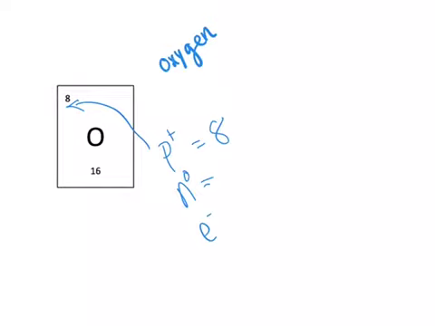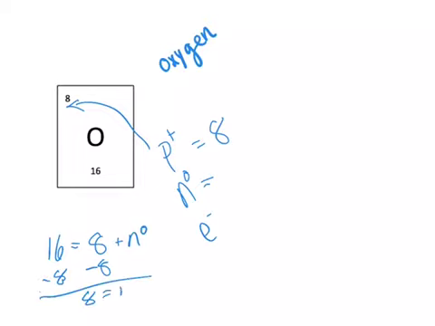Neutrons: 16 equals 8 plus neutrons, so 8 equals our neutrons. And this doesn't have any charge, so electrons are 8 here as well.